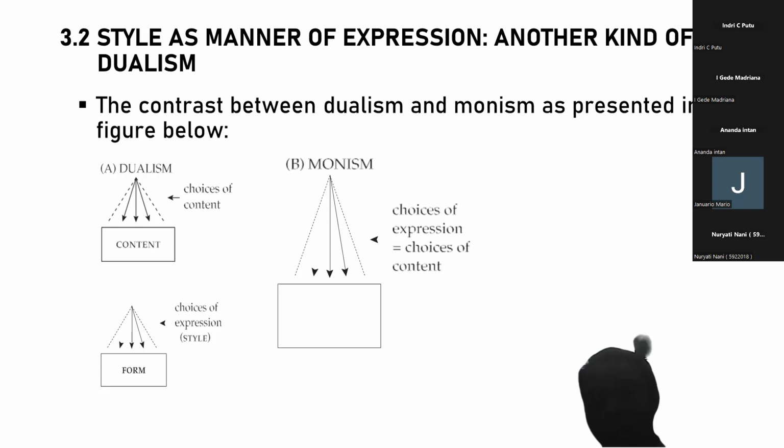Meanwhile, in dualism, there are content and also the form itself. Okay, as you can see, you can study the differentiation between dualism and monism here. So dualism gives the result of content and form, while monism is only affected by choices of expression. There is no product produced here with monism.